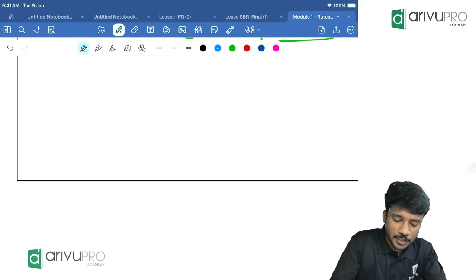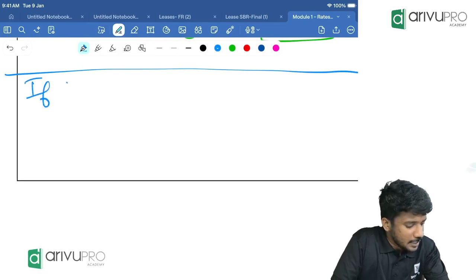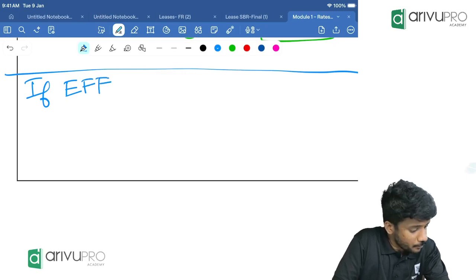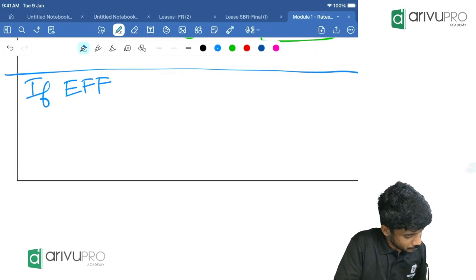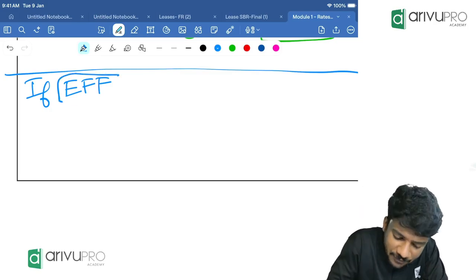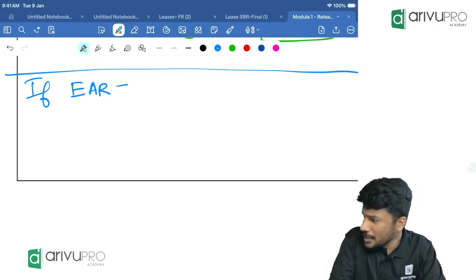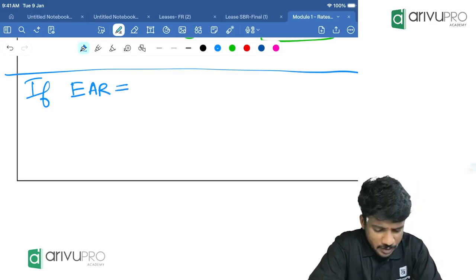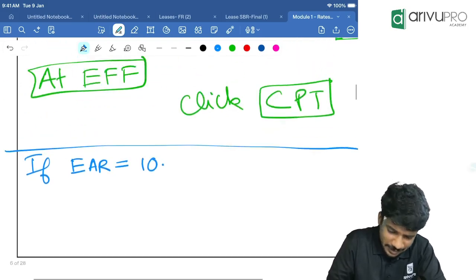Now, the next type of question I am going to ask you. Okay, fine. If effective rate of interest, that is EAR, is given in the question, let it be 10.25, the same value we will take.